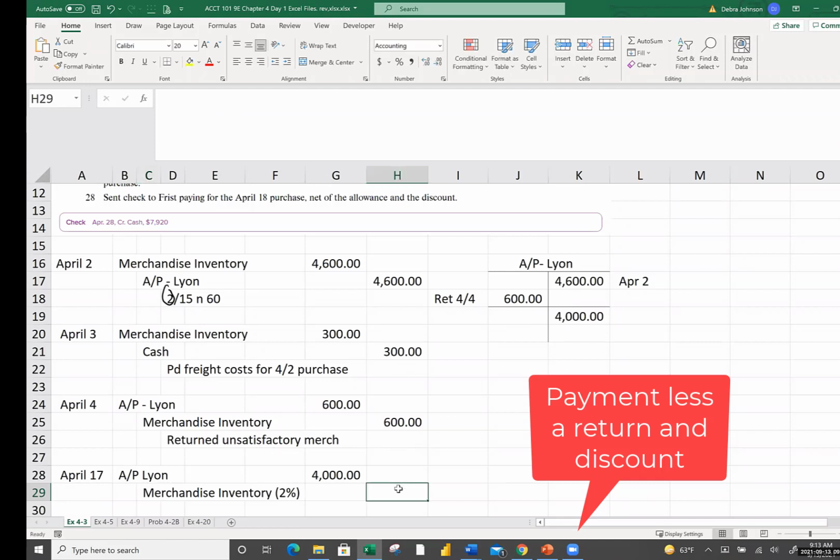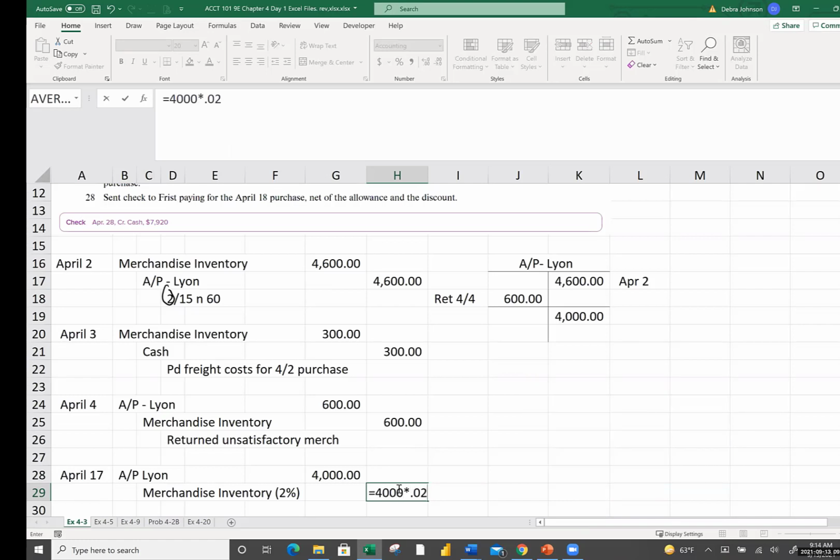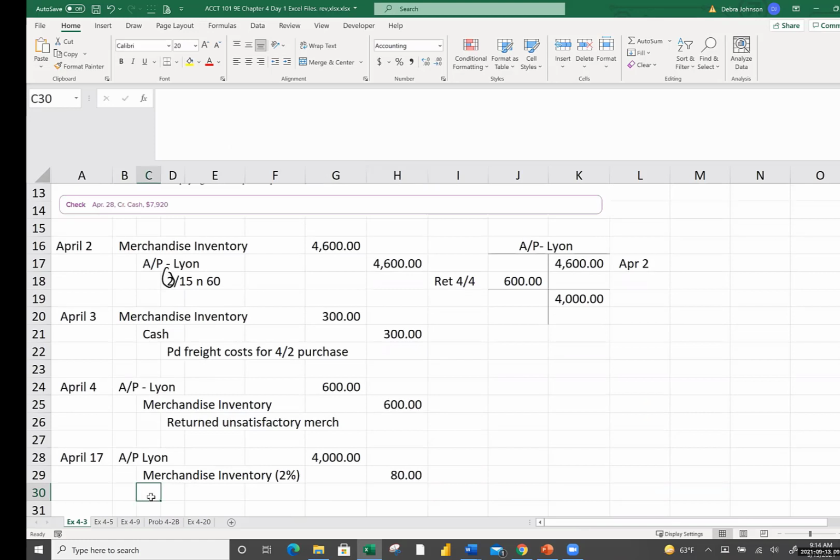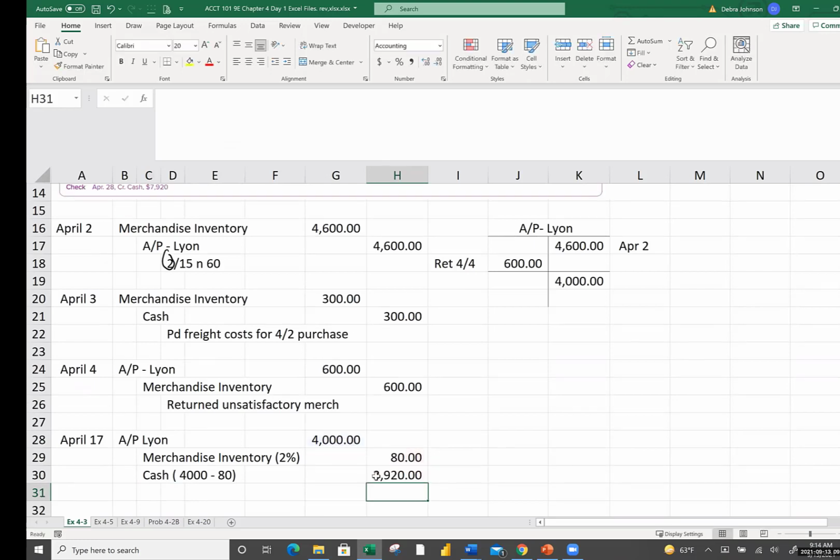So over here, let me do the math, 4,000. I guess I better put an equal sign if I want Excel to do the math. 4,000 times 2% would be $80. And that means I need to fork over cash of the difference. So I'll put the calculation there. We didn't have to worry about them throwing us a little curveball with freight costs that were involved.